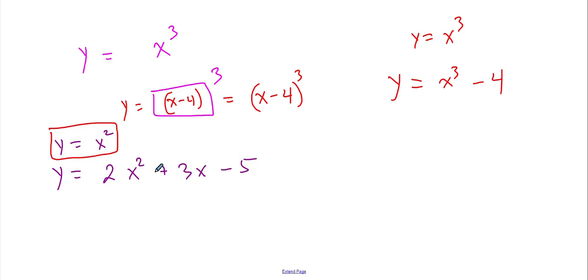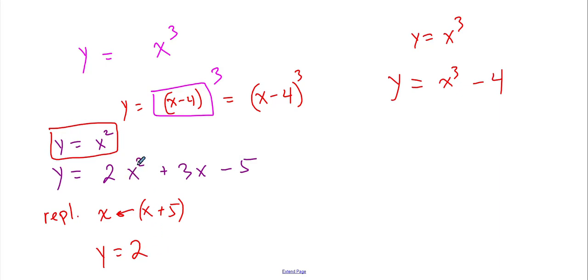In this case, let's replace x by, put in x plus 5 as an example. Well, this would be y equals 2. Now this is the inside of the function.